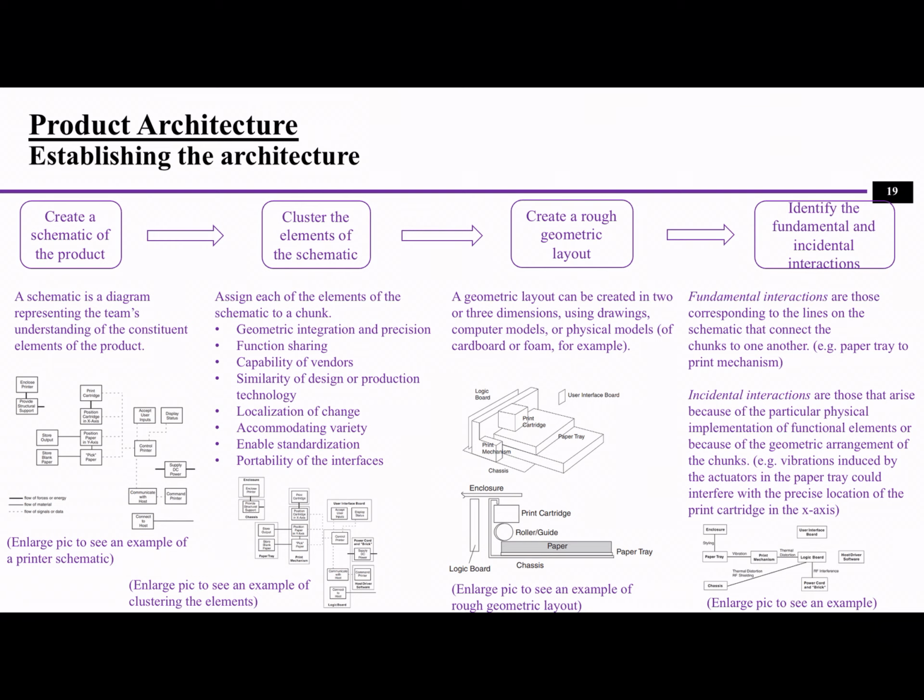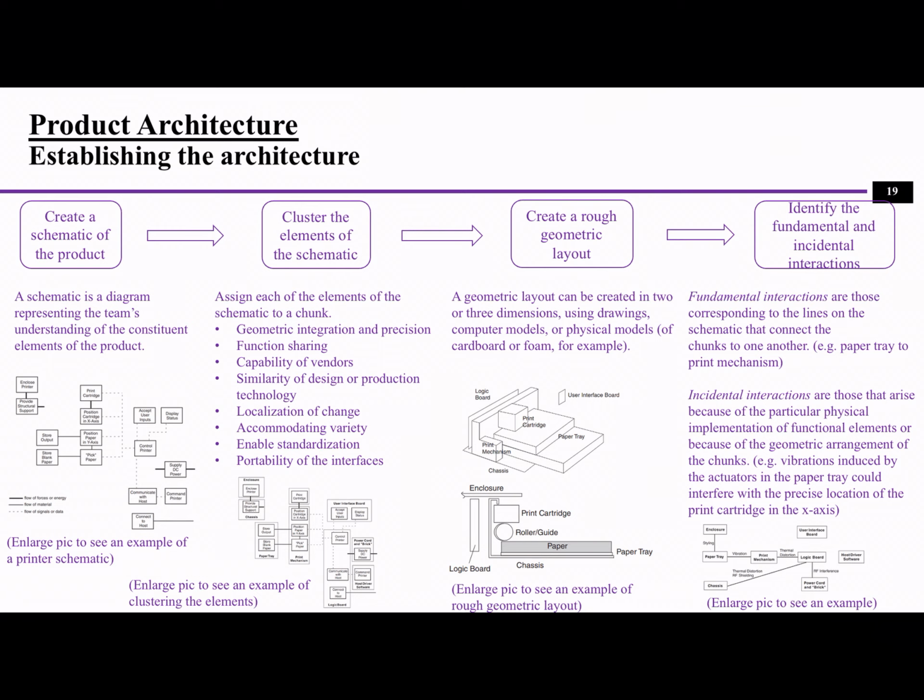Then after that, we'll come up with a rough geometric layout. We know what the different chunks of functions, with their physical elements, are, and how they are going to interact as a physical product. So we have to create a geometric layout.